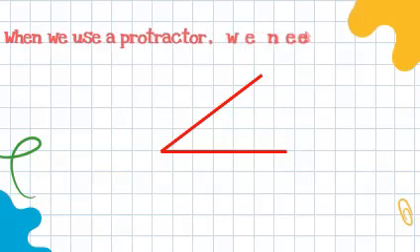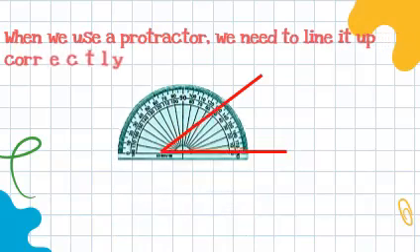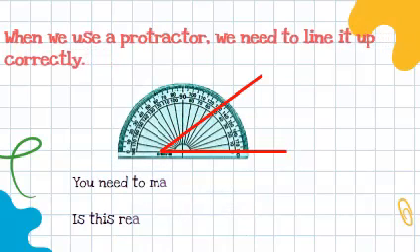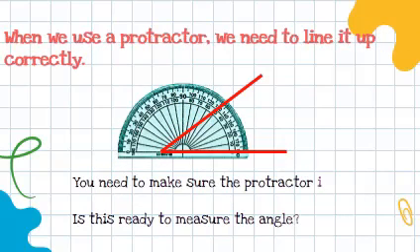When we use a protractor, we need to line it up correctly. Suppose you put the protractor like this. You need to make sure that the protractor is lined up correctly. Is this ready to measure the angle? Think well.